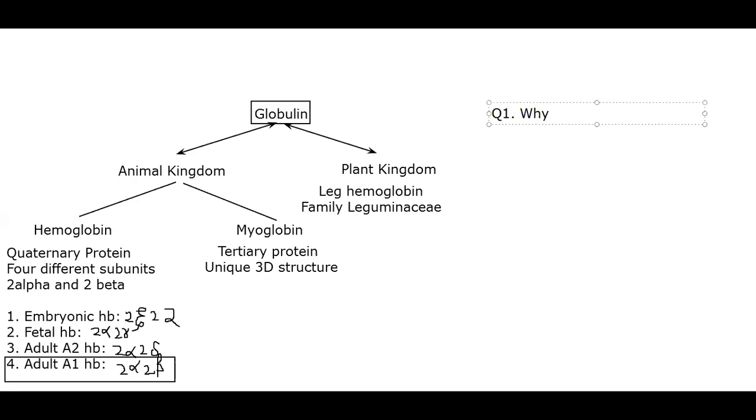Why is gamma hemoglobin, fetal hemoglobin, found essential for fetal survival? Why can the fetus not survive with the adult hemoglobin? What is the problem with the fetus?